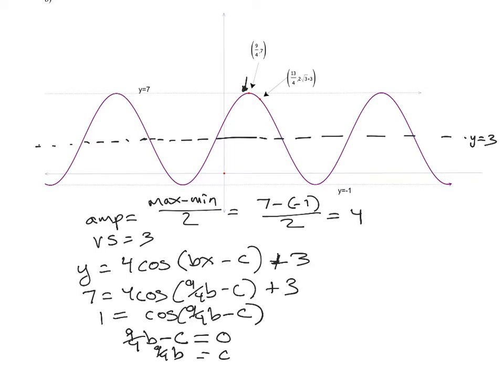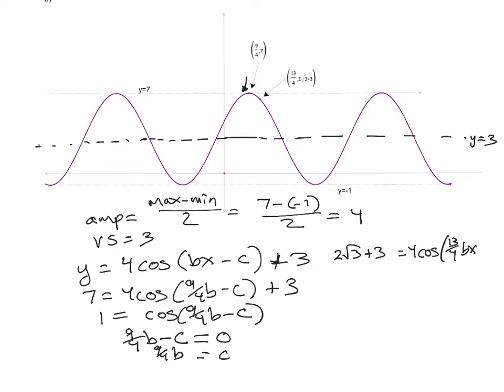Okay, now let's move to the other point. The other point is, sorry, it's (13/4, 2√3 plus 3). So my y value, 2√3 plus 3, equals 4 cosine(13/4 b minus c) plus 3.